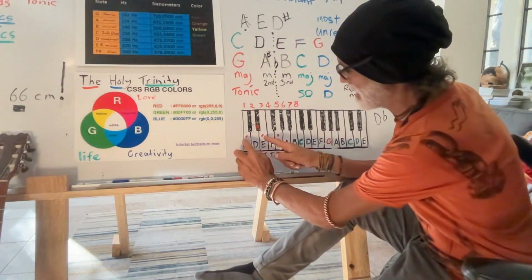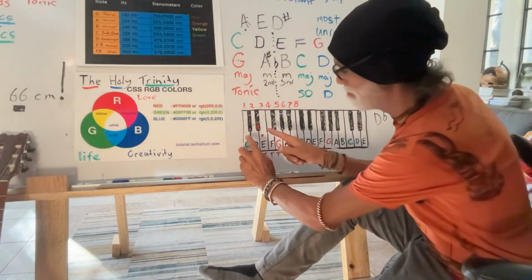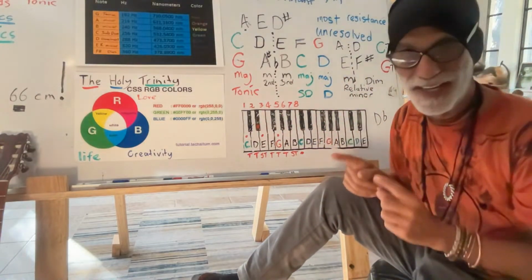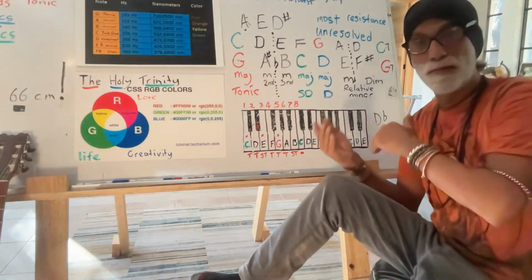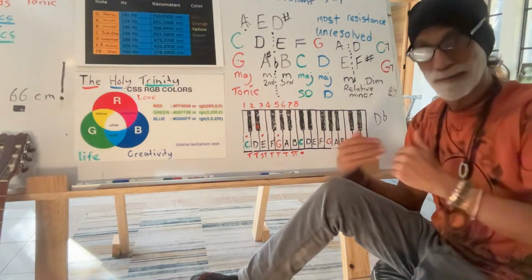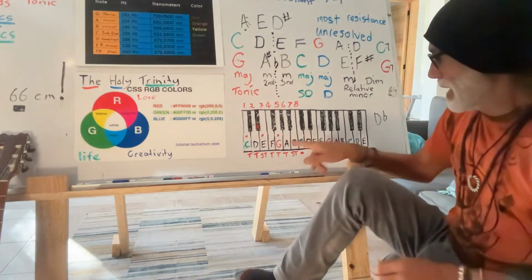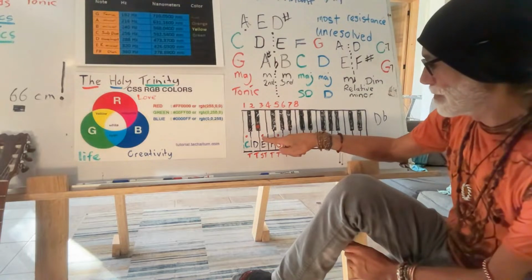The first part of a major chord must have a major triad in it. That's the difference between a minor chord and a major chord. The difference is that note there.